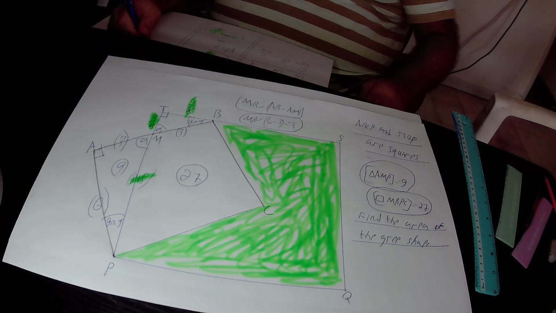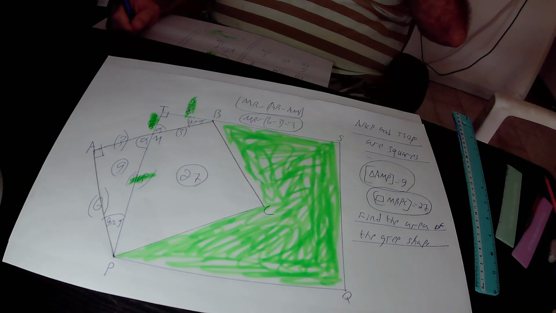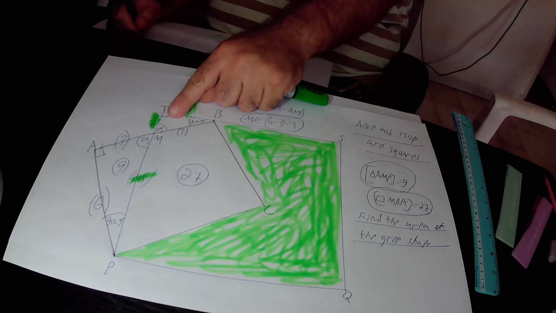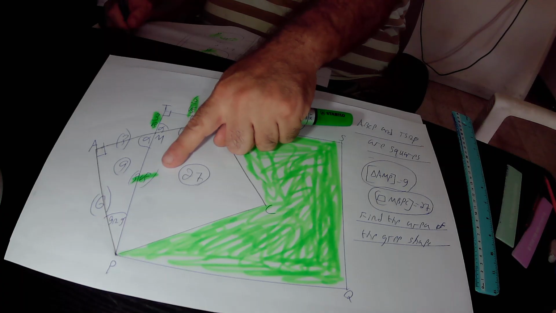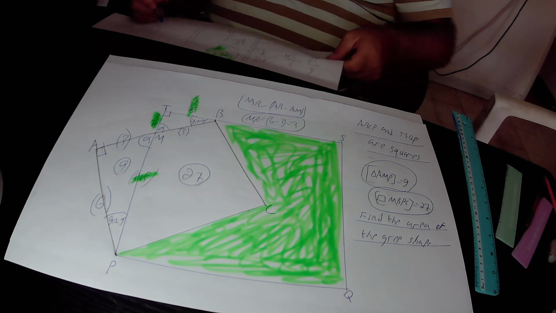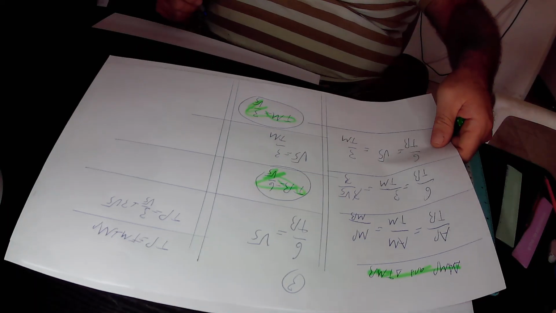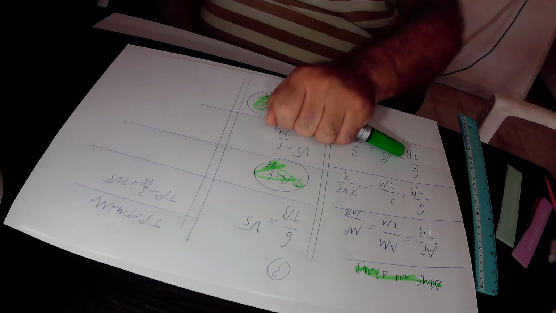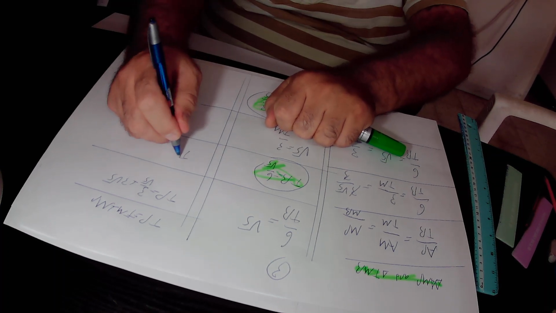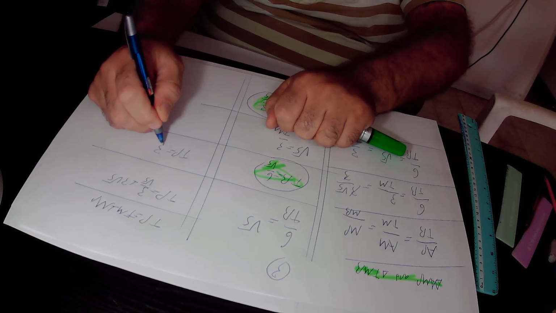TM is 3 over square root of 5, plus MP. MP equals 3 times square root of 5. So in total we know that TP equals 3 over square root of 5 plus 3 times square root of 5.